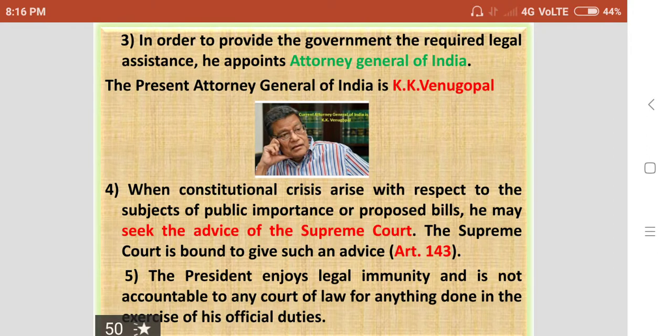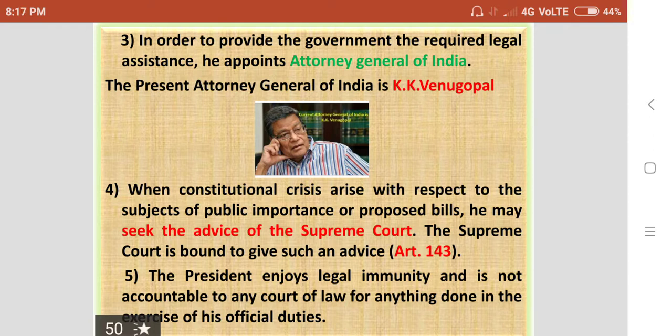Third judicial power of the President is, in order to provide the government the required legal assistance, he appoints the Attorney General of India. So he is the legal advisor to the government of India. So he is the person K.K. Venugopal, who is the present Attorney General of India, the former student of our law college.